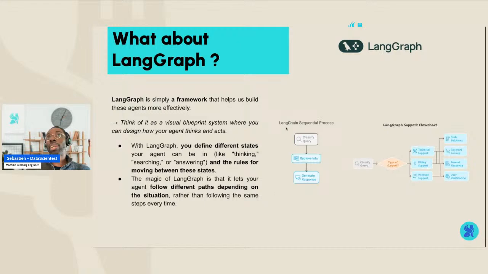And the difference with LangChain, which is the other framework created by the same creator, is that in LangChain, everything is kind of sequential. So you need to think about the different steps and code them precisely. But the problem arises when things start to be a bit complex.